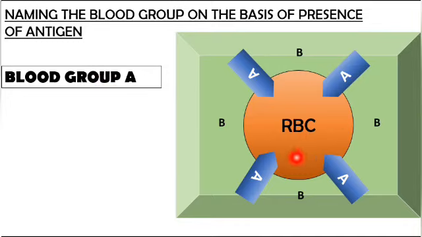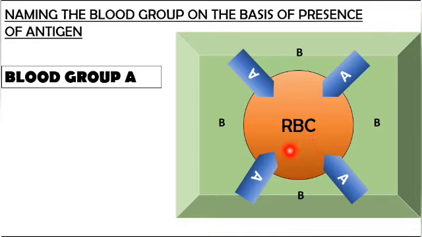You can all see this diagram. In this diagram, this orange portion represents the RBC, the red blood cell, and these are the antigens which are attached to the RBC, which are there on the surface of the RBC. So as you all can see, on the surface of the RBC there is the presence of A antigen, and this green portion is your plasma, and here is the presence of B antibodies.